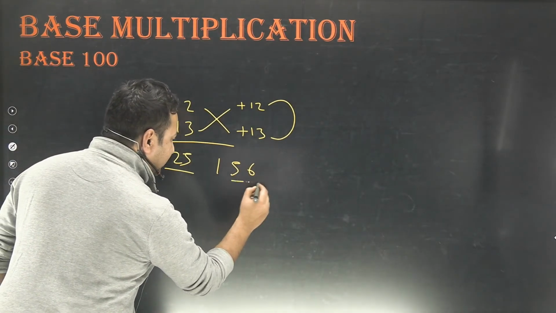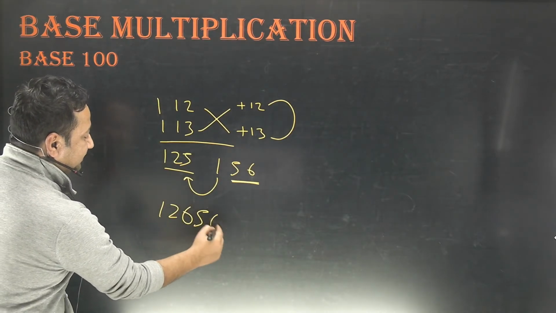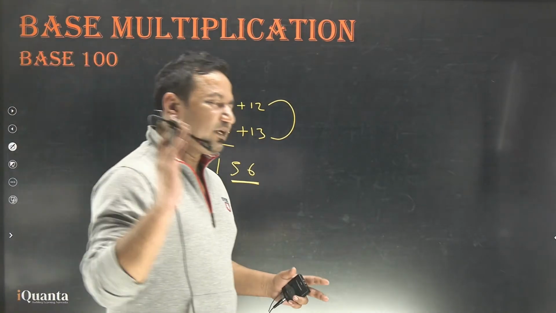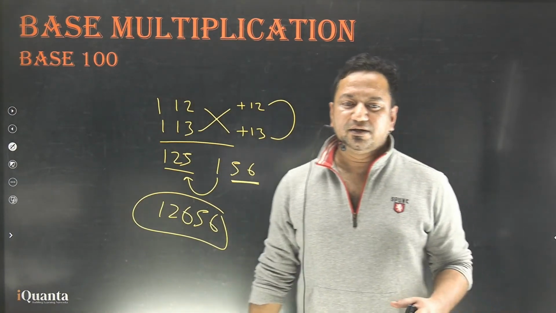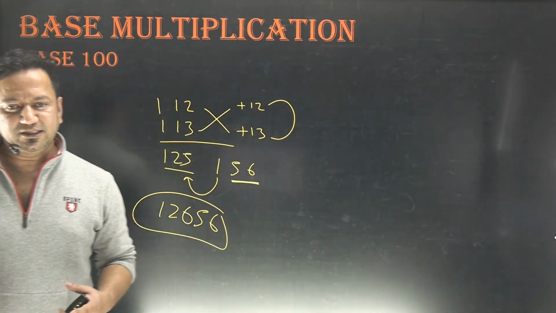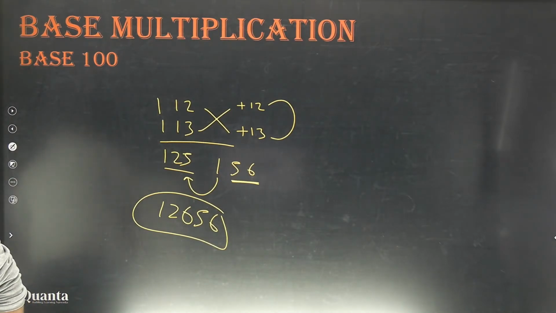Only 2 digits are allowed, so one has to be carried forward. The answer is 12656. Is that understood? The thing that we have to keep in mind is that in the end there will be only 2 digits. If there are 3 digits, we need to send the leftmost one to the carry forward.